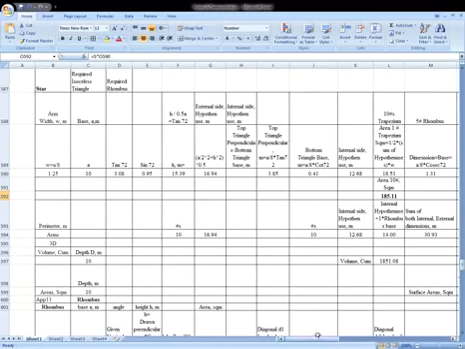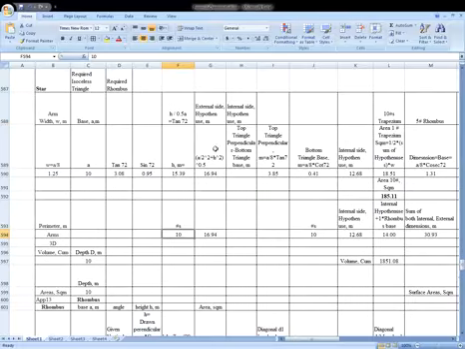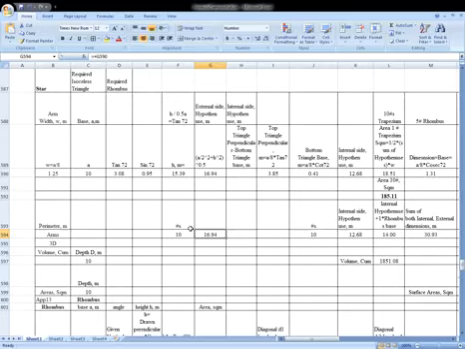Now we are talking about the perimeter. Perimeter of this is 10 arms, 10 numbers.